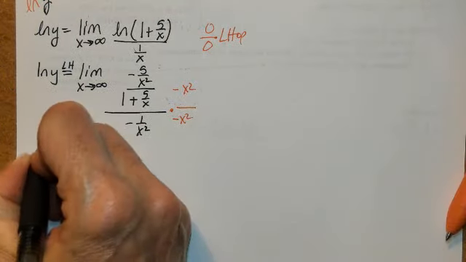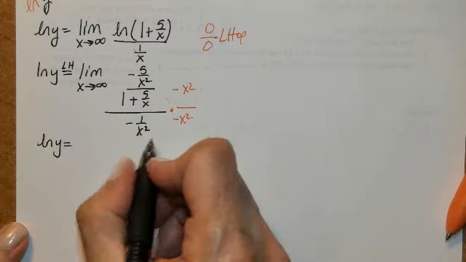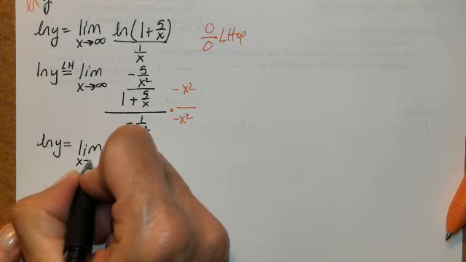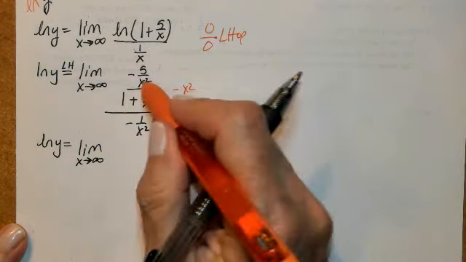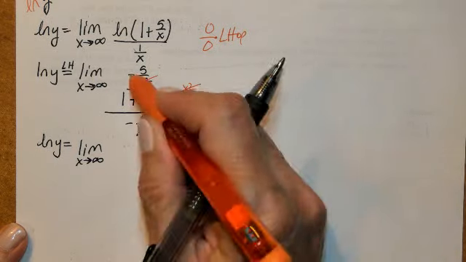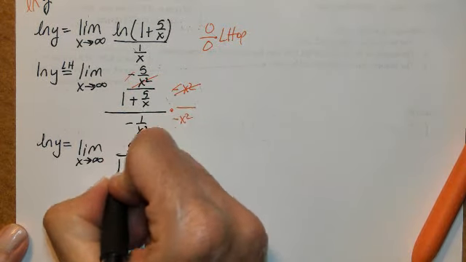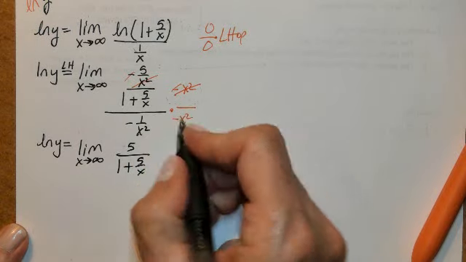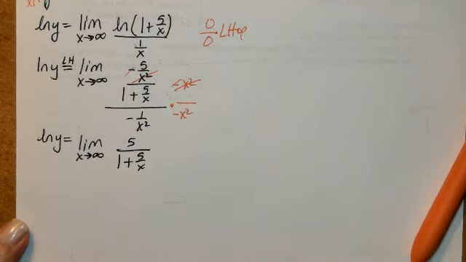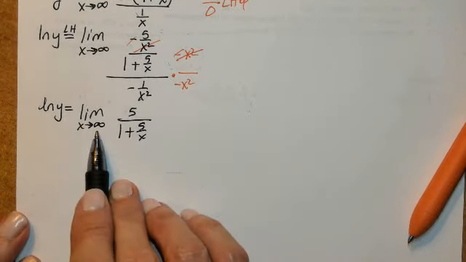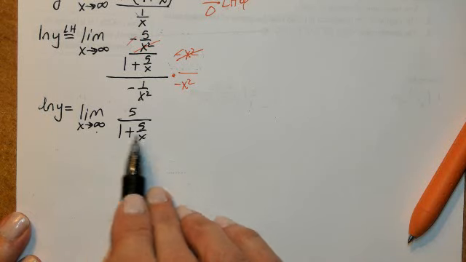Okay, so we'll have natural log y is equal to the limit as x goes to infinity of, okay, the x squareds cancel here, the negative cancels, we're left with 5 over 1 plus 5 over x, all over 1. Now let x go to infinity.